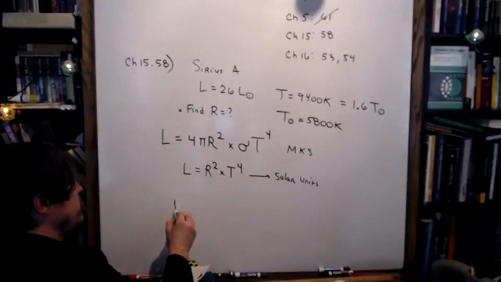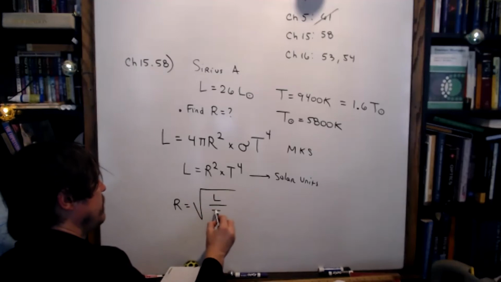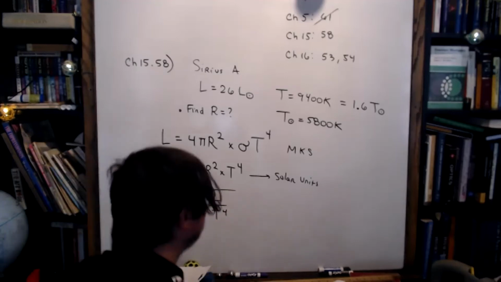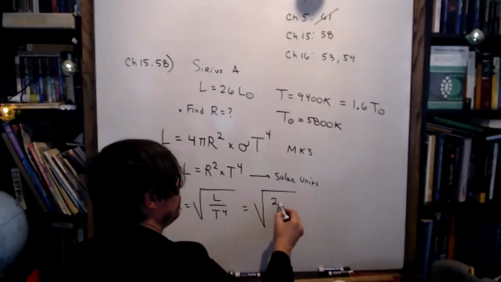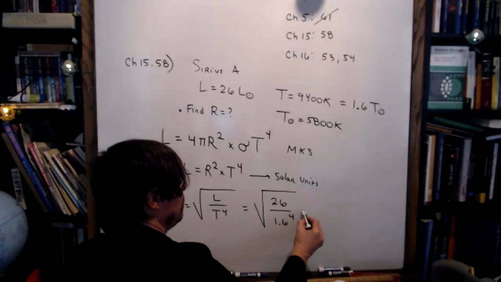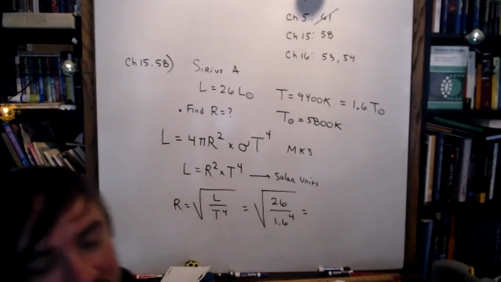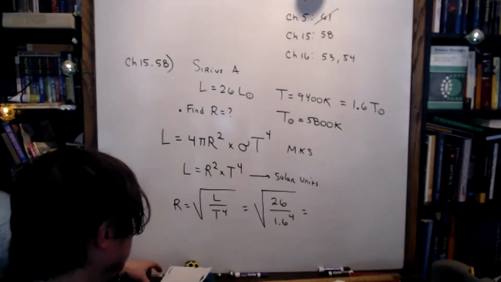Exactly. Nicely done, Arunsak. Square root of L over T to the fourth. So I think we can just do the square root of 26 over 1.6 to the fourth, and I think it's going to come out in solar radii. I've never tried this before.